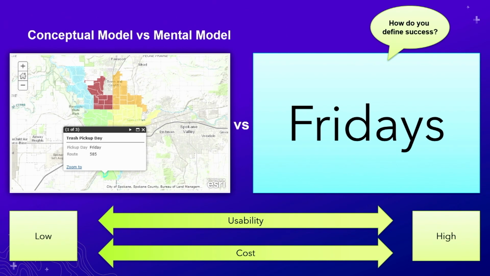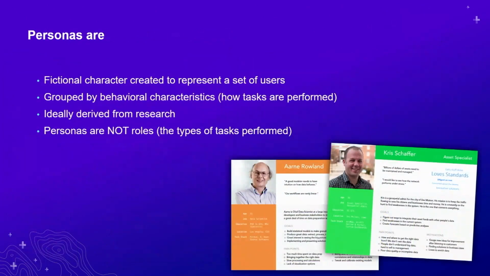So typically, in order to make this decision, we have to understand the end users and their needs. And the way we do that is by defining personas. And the way we define personas is through research. We go out, we interview our target audience, we maybe run a survey, and maybe we look into our service calls to find out what our users are complaining about.